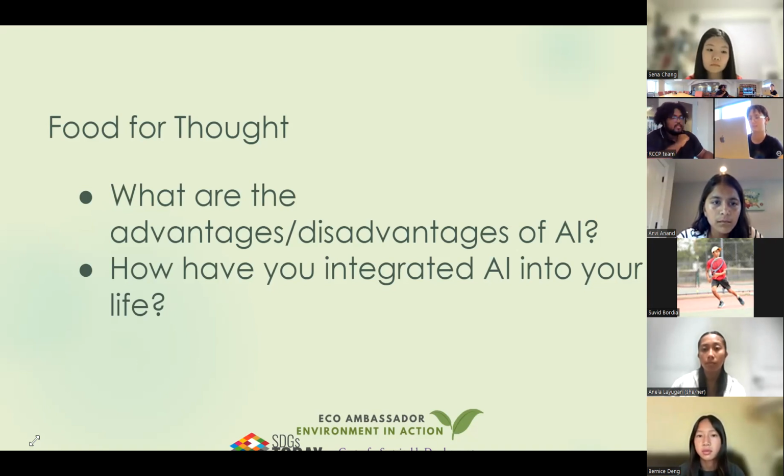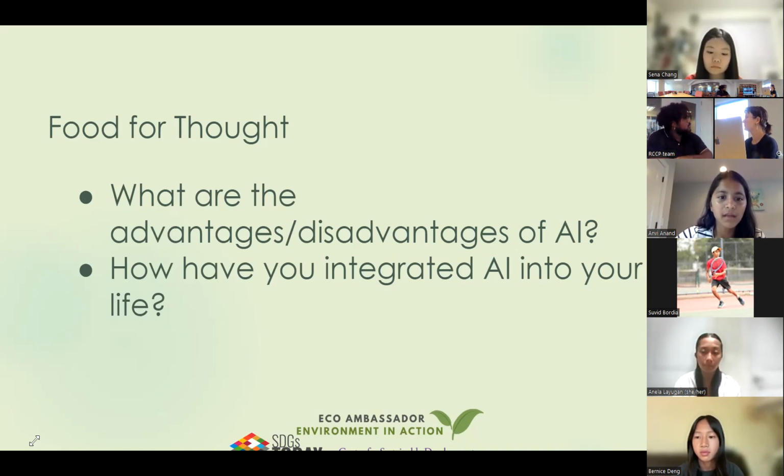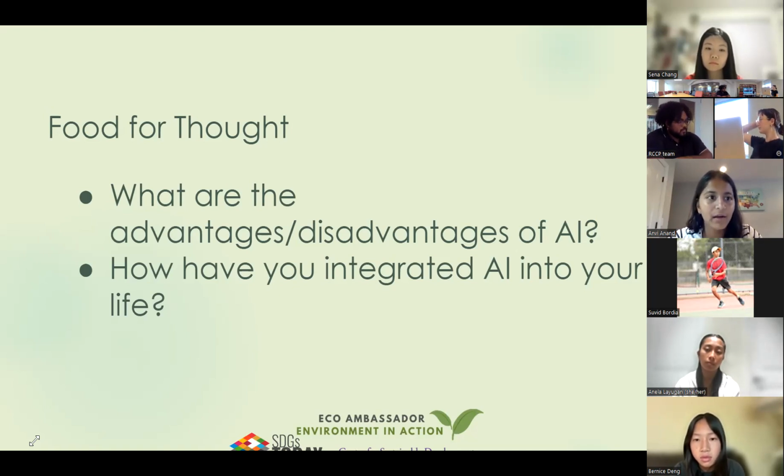But Anvi, you had your hand raised. Yeah, I think for AI, once you get really accommodated to it, like Bernice said, your lifestyle kind of changes. You start relying on simple things through AI. It can be used for good things, definitely, like farming, water, maybe mapping where resources are lacking due to war.